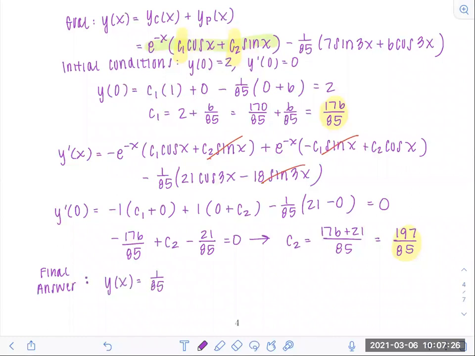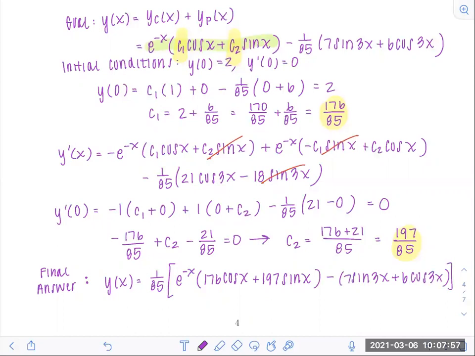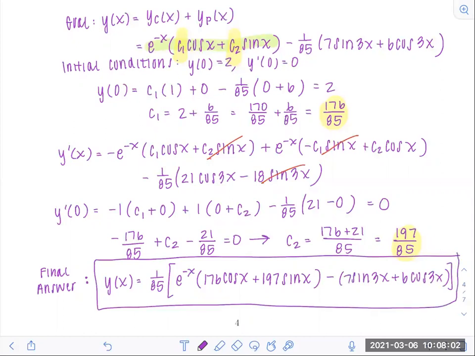Here's my 1/85th constant out front. Then I have e to the negative x. c1 was a 176 cosine x. c2 was a 197 sine x. So there's that complementary function, and then minus 7 sine of 3x plus 6 cosine 3x, and close those brackets. And that whole thing is the solution to the IVP.